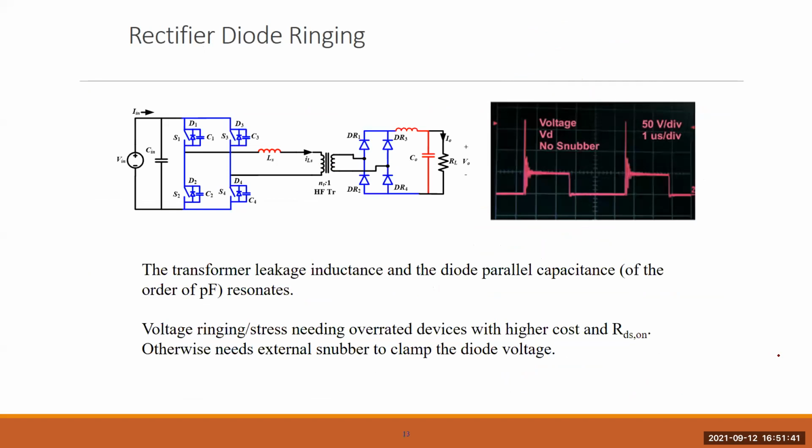And during the time when all four diodes are conducting, whenever the transformer is changing direction, all these diodes have picofarads of capacitance.